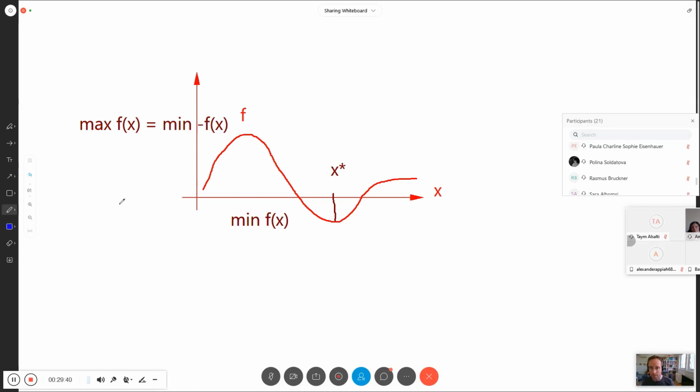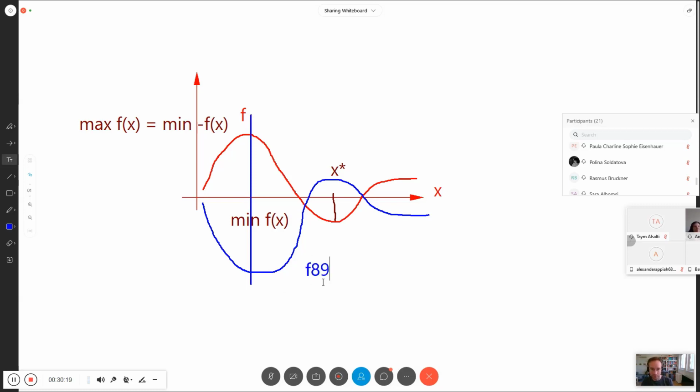If you take the negative of f, you just put a negative sign in front of f, then you would get something like this. You just basically mirror things on the x-axis, and you see that where you have the maximum of this red f, you have the minimum of minus f.